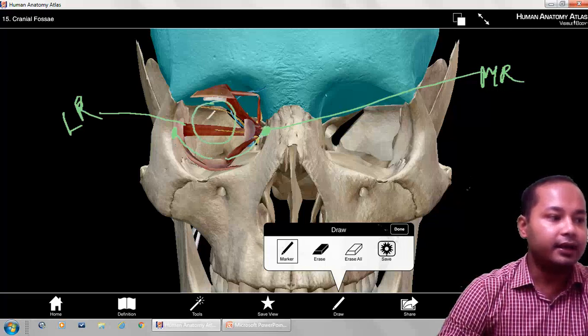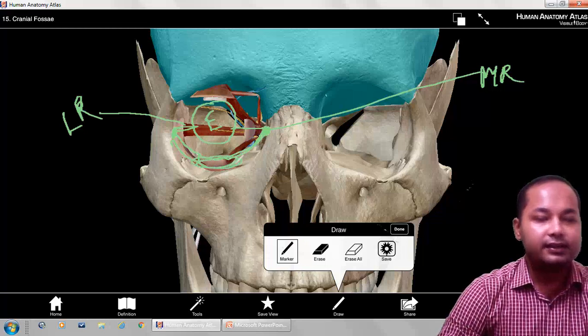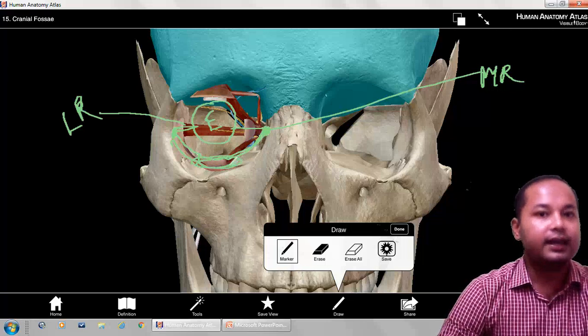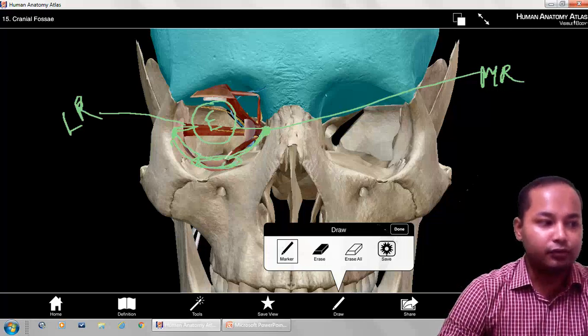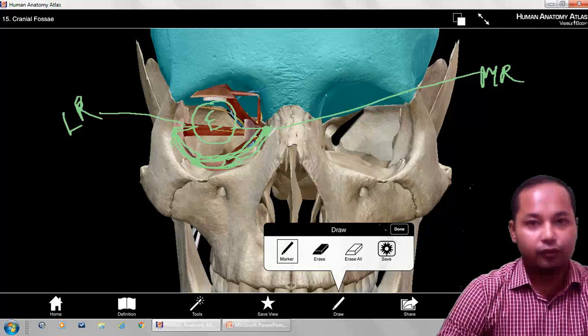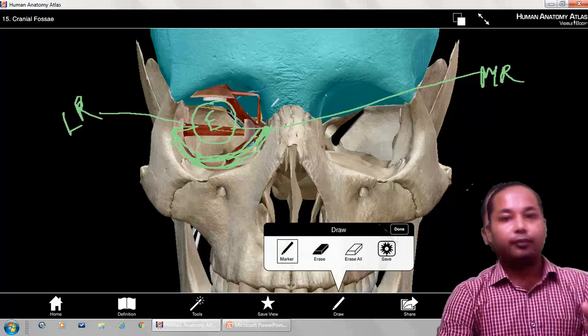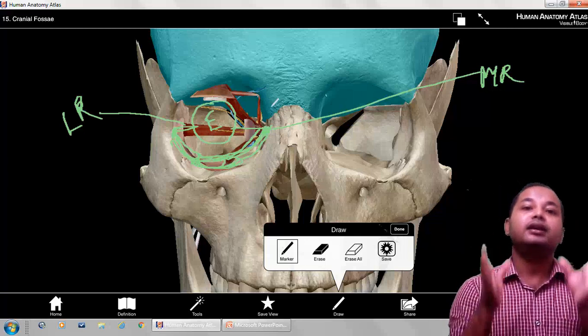This is the eyeball, and these two check ligaments are holding the eyeball in its place with the help of a ligament which is enclosing the inferior rectus muscle and inferior oblique muscle. This is called Lockwood's ligament, which is holding the eyeball properly, and this allows the free movement of the eyeball.